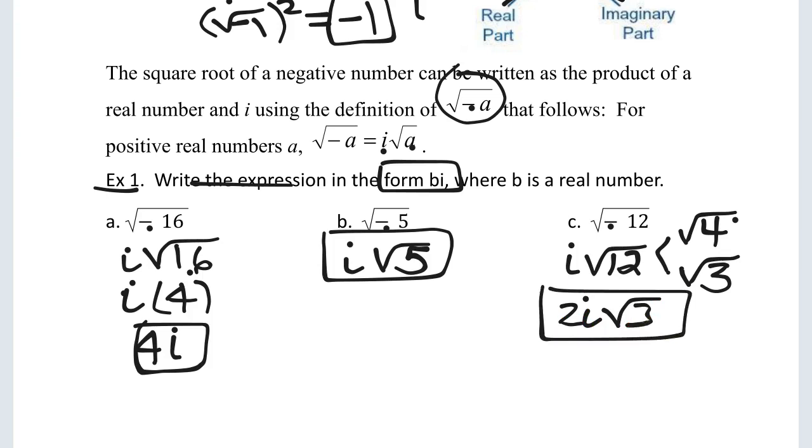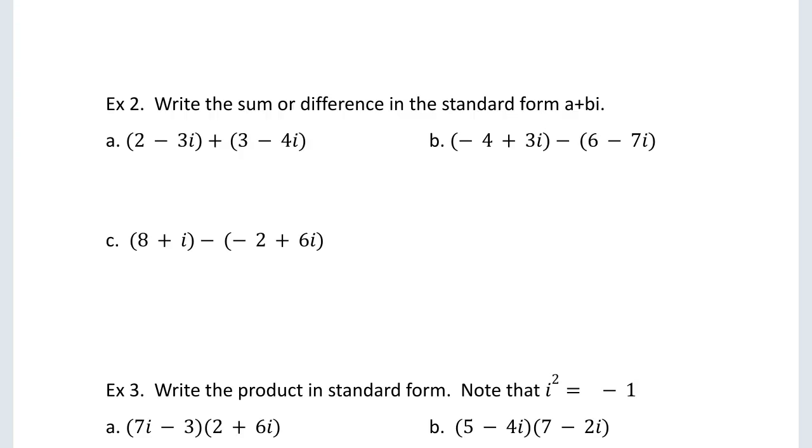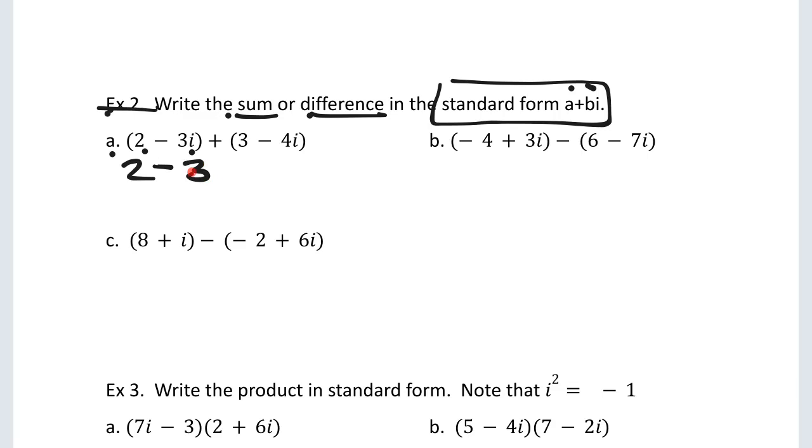Would be the result. Now we'll use our knowledge of complex numbers to find the sum and the difference. Be aware that our answer should be written in standard form where the real part comes before the imaginary part. Let's start with example A. 2 minus 3i combined with distributing a plus still becomes 3 and negative 4i.